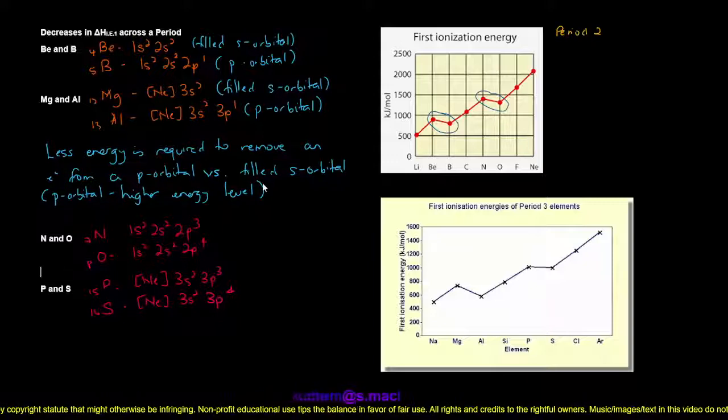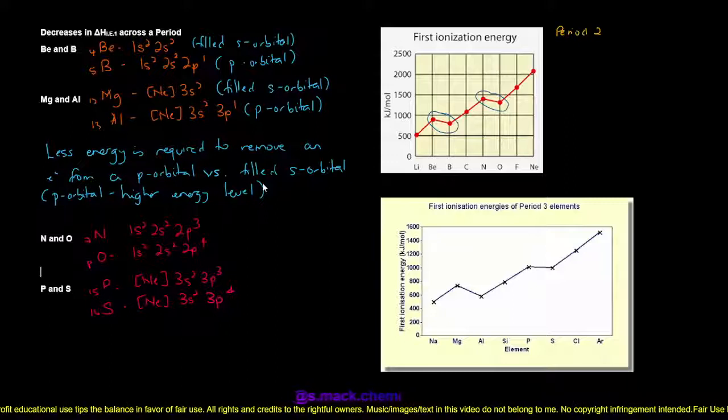So you can think of it like this: the p orbital is a higher energy level, so less energy is required to remove an electron because that orbital is further away from the nucleus.